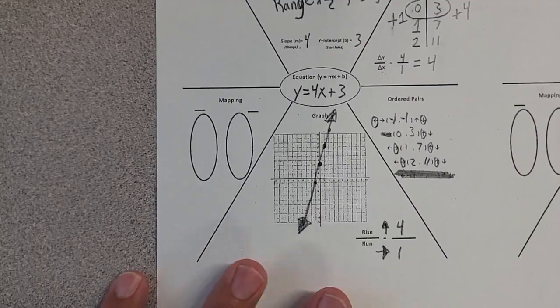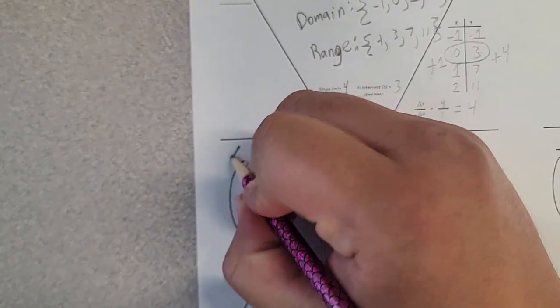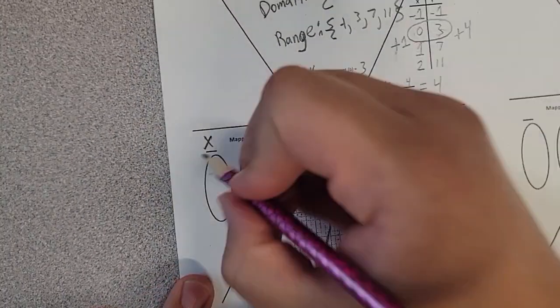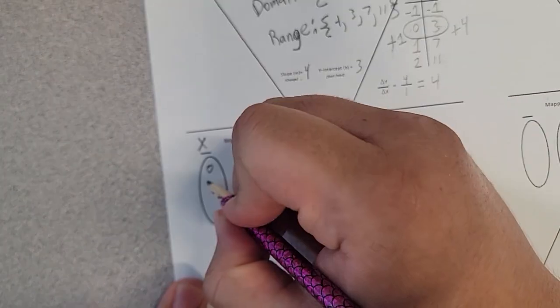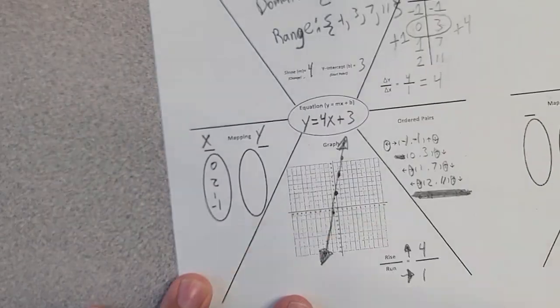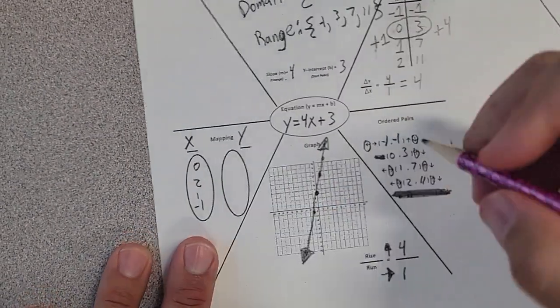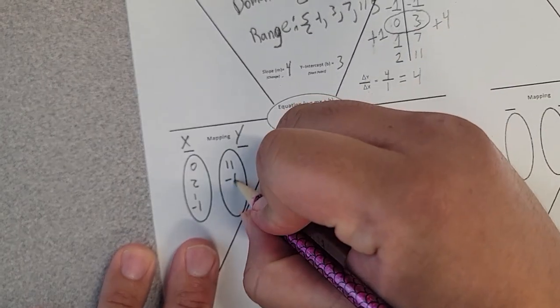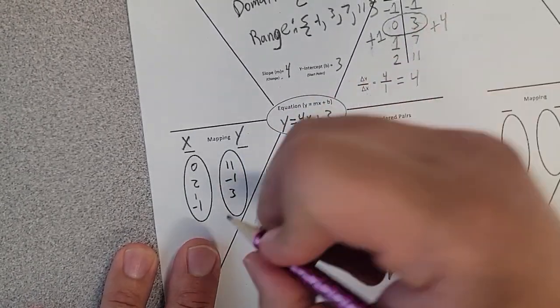Okay, now for the mapping. You have an X bubble and a Y bubble. And we're going to just do random numbers. So put like 0, 2, 1, -1. Same thing over here, I can put in random. So like 11, -1, 3, and 7.